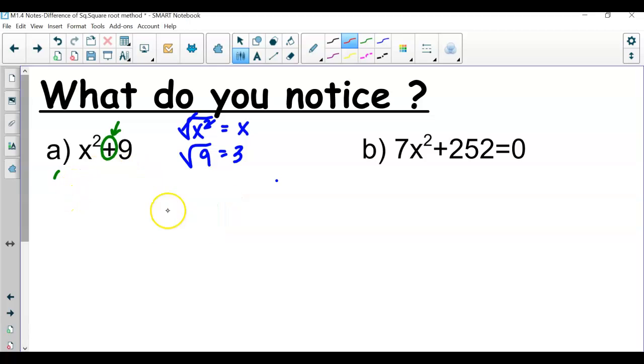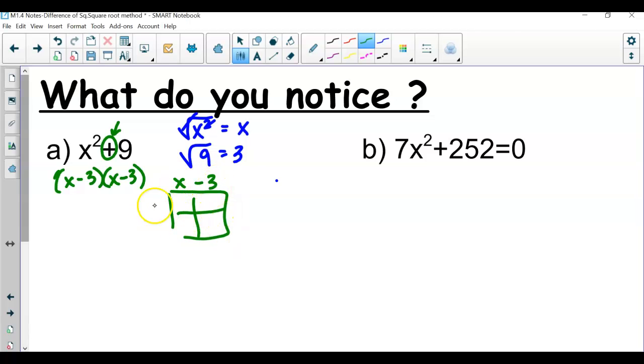So what if maybe it was x minus 3, right? So x minus 3 times x minus 3, because multiplying two negatives would make my positive 9, right? So if I were to multiply that out, x and negative 3, x and negative 3, so x squared, negative 3x here, and there's my positive 9.